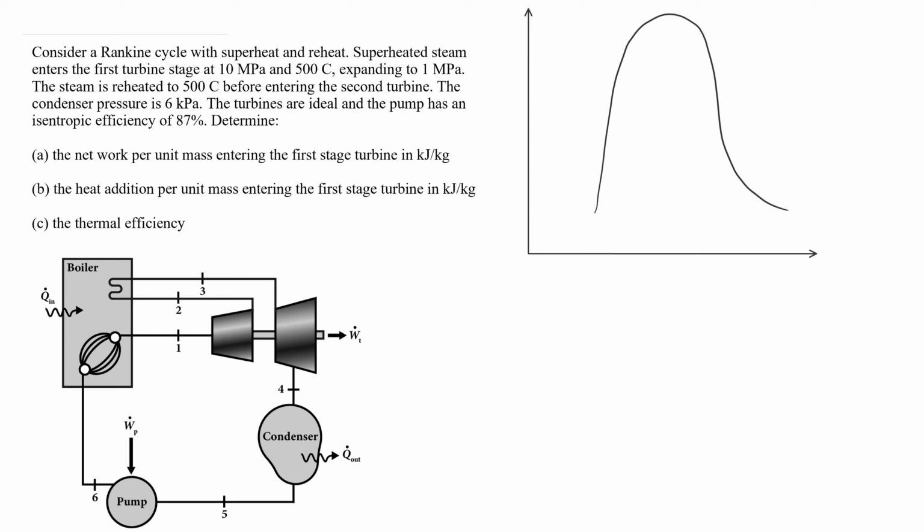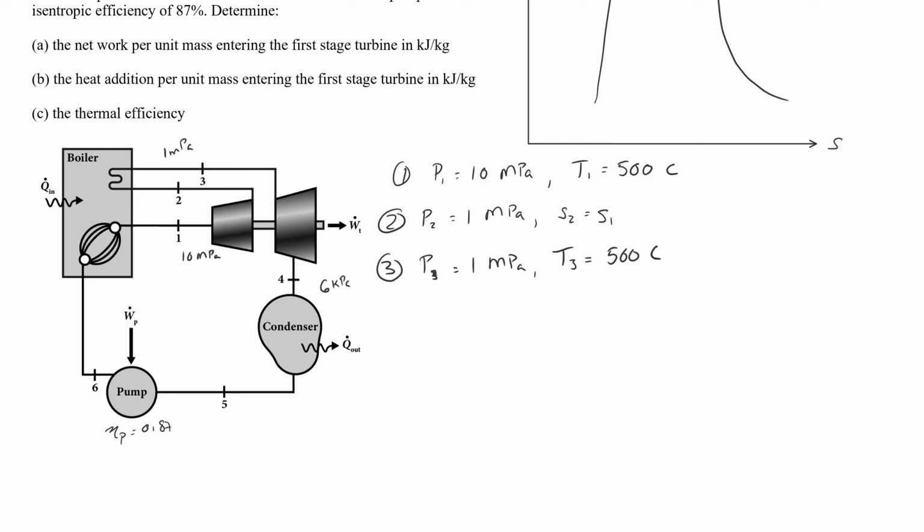But I do know that because my turbine is ideal, the entropy at state 2 will be that at state 1. At state 3, my pressure is still 1 MPa. My temperature is 500 C. So it will be easy to pull out an enthalpy value from the table for that one.